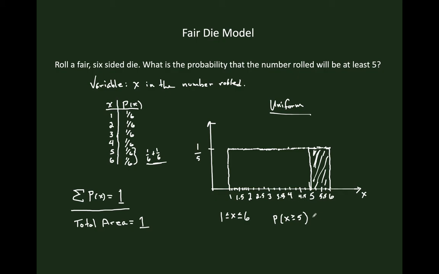And what this means is I can now calculate the probability as the area of this smaller rectangle, which would be the distance from 5 to 6, which is 1. So we would have 1 times 1/5, which is 1/5. And again, I modified this away from the die example.